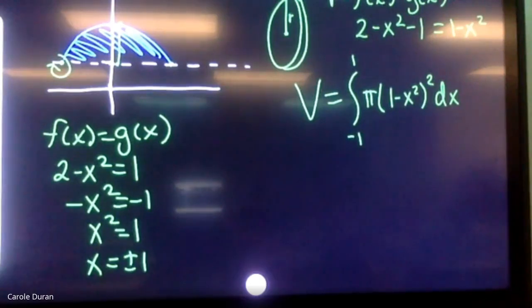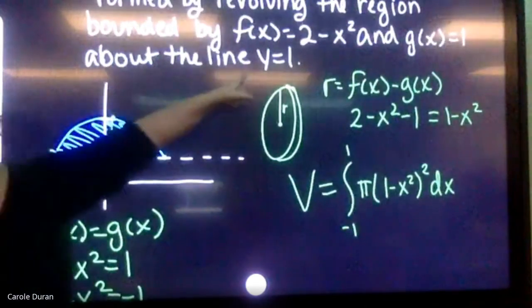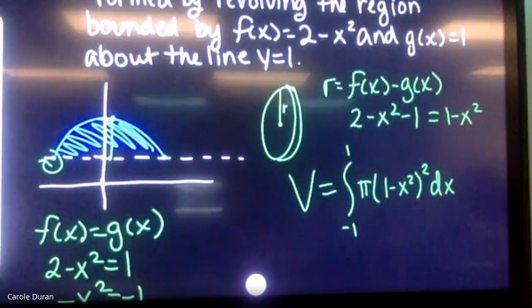What in the integral was telling us that we're rotating through y equals 1? The line y equals 1, what did that do to your integral? It didn't do anything, it just told me the rotation. So that told me I wasn't going to the x-axis, but it didn't do anything to my integral.